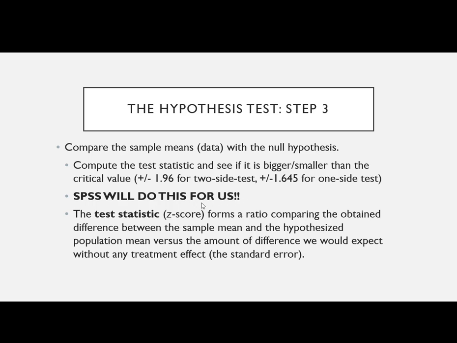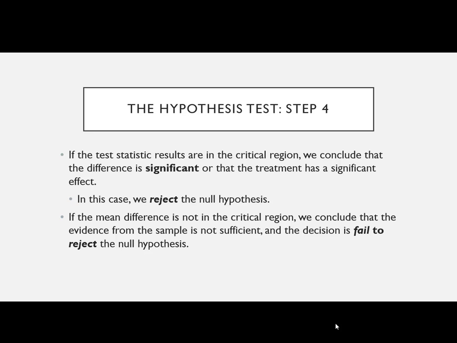We're going to let SPSS do this for us, and I'll show you that later in this presentation. But the test statistic, the z-score, forms a ratio comparing the obtained difference between the sample mean and the hypothesized population mean versus the amount of difference we would expect without any treatment effect. That's what's happening, and I'll show you that in a calculation.